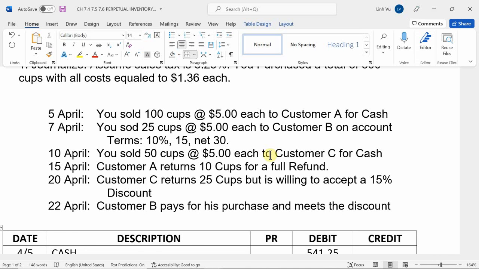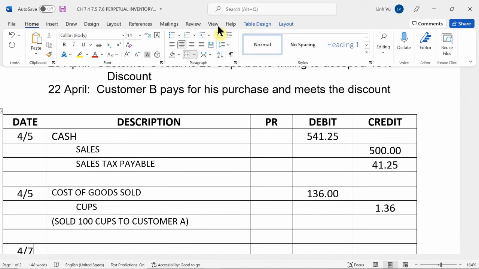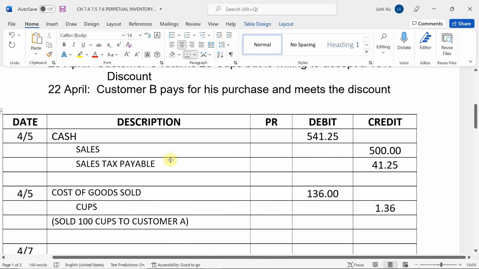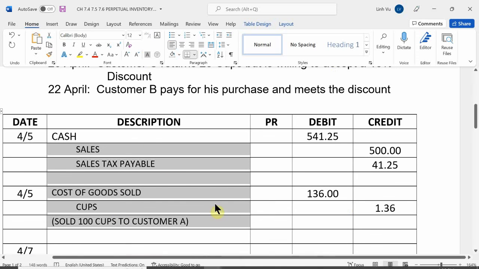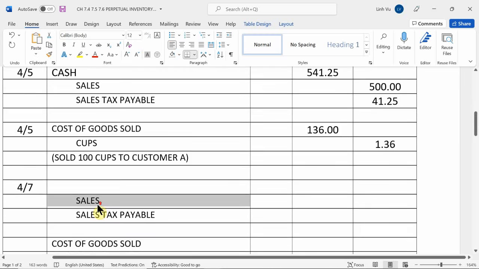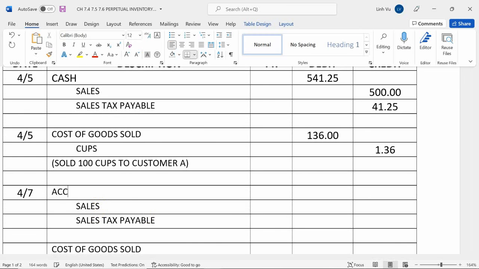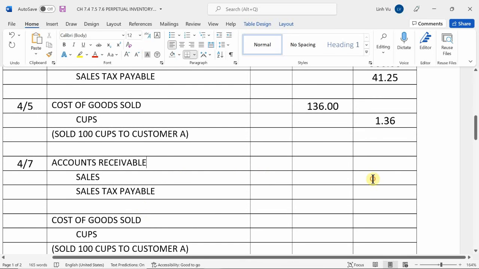Okay, sales is 125 even. Tax is 10.31. And accounts receivable would be, well, I don't know. Okay, so hold on. 135 something.